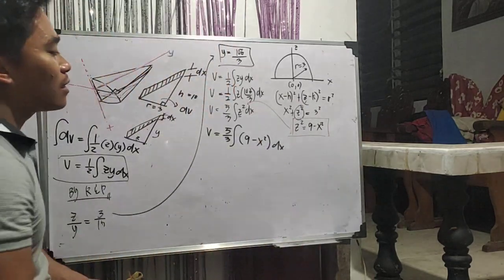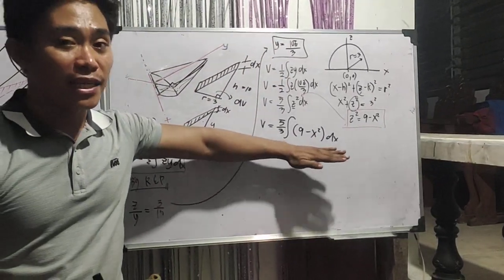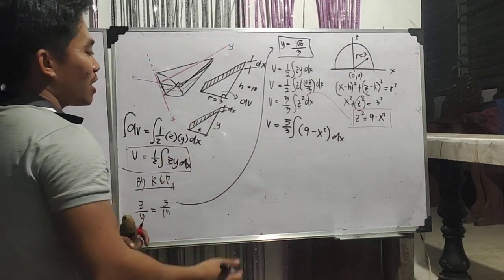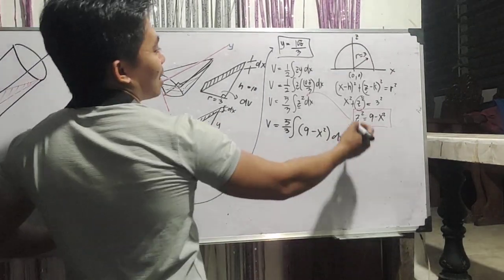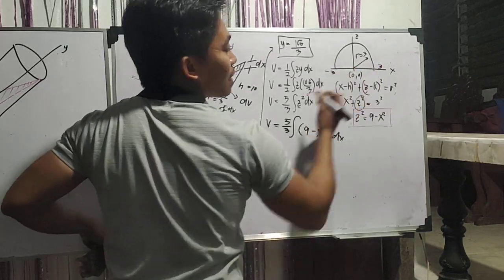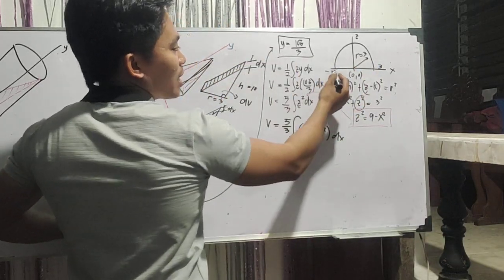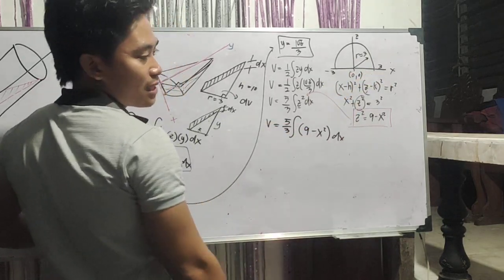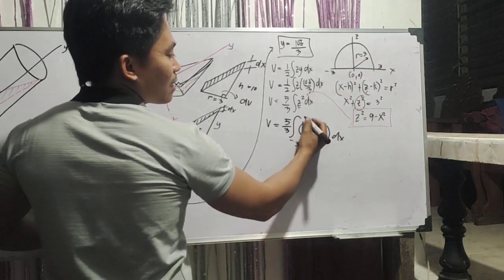Eto ngayon yung tanong. What is the limit? Yung limit mo actually is from negative 3 to positive 3, okay? So, pwede ko bang input yan direct sa calculator? Yes. Pwede mo ilagay dyan, negative 3 to 3.